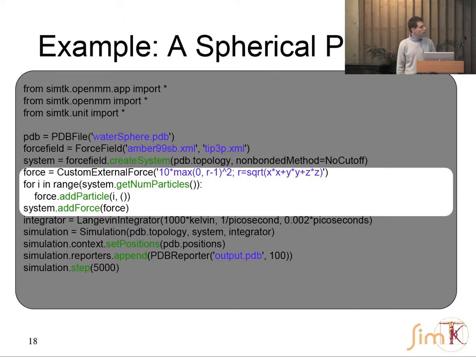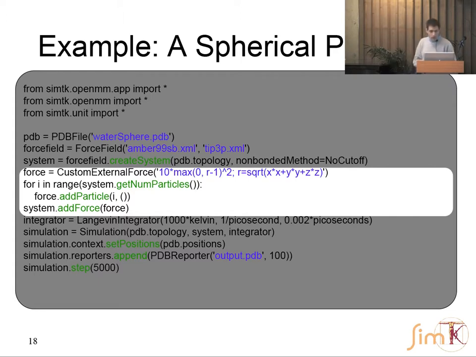And so you call add particle, and you pass in the index of the particle to apply it to, and then that second argument, which in this case is just an empty tuple, is the parameters to use, the per particle parameters, since you can define parameters that are specified per particle. In this case, we don't have any, so it's just an empty tuple. And finally, we call add force on the system to add it in.